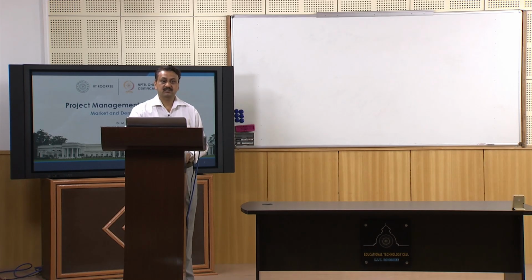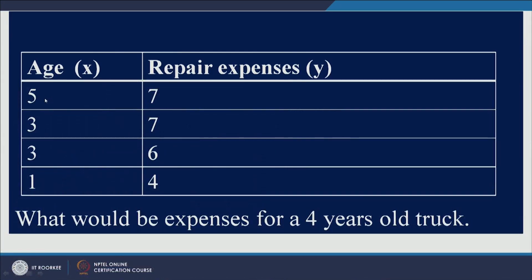The first truck he selected is 5 years old, and the repair expenses are, let us say, 7,000 rupees per month. You can take it as either 7,000 or 70,000, whatever you like. So, when the age of the truck is 5 years, repair expenses are 7,000; 3 years, 7,000; 3 years, 6,000; 1 year, 4,000.